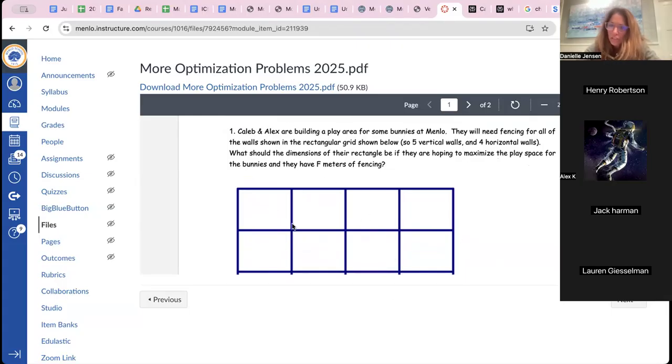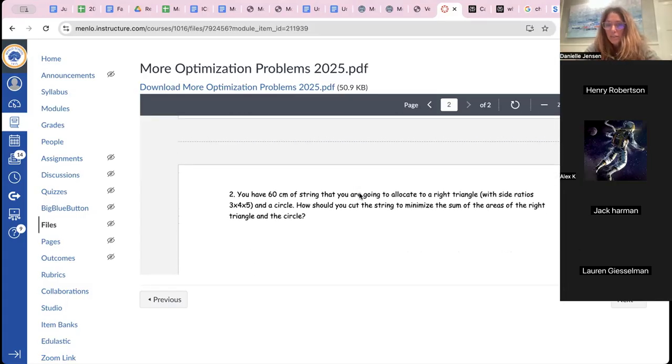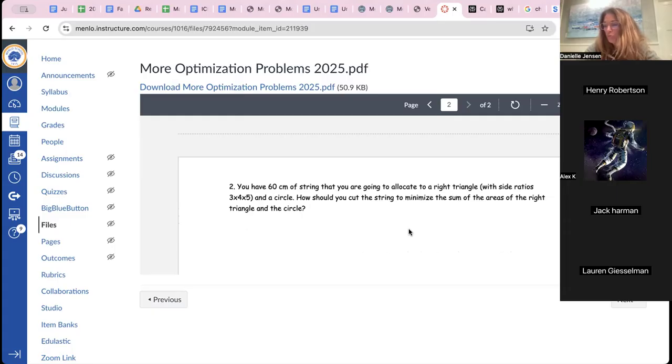The other tricky part is that instead of a number, I'm using just F meters of fencing, so it makes it a little more abstract. And the second one is similar to what we did in class with the string and the circle and the square. But this time there's a string and you're allocating it to a right triangle and a circle.